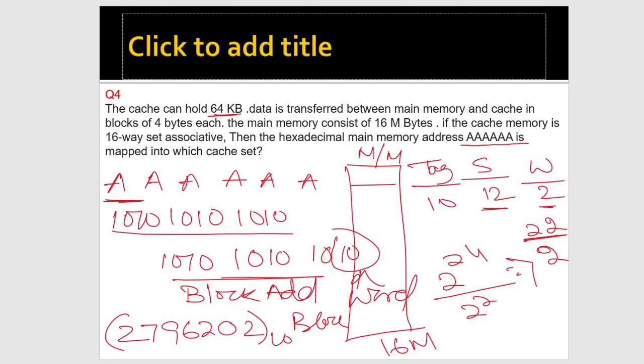So then this block address I have to map to a set. Just like that, if you remember, the corresponding block will be mapped to a set, and it will lie in a particular set. How many sets are there? 2 to the power 12 sets are there. So I have to use the mod function, the number mod 2 to the 12.